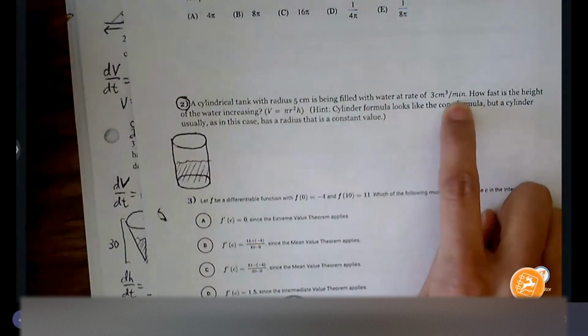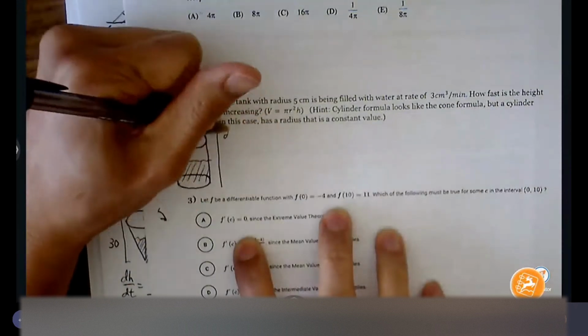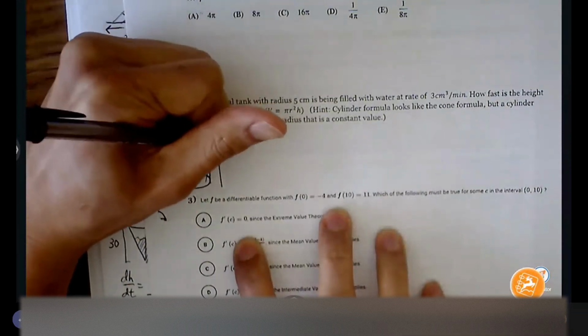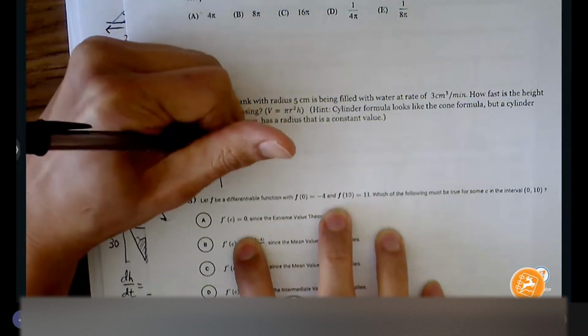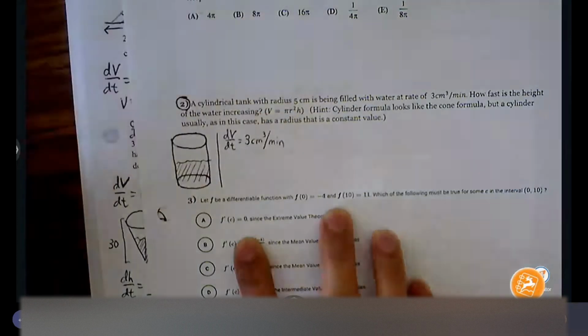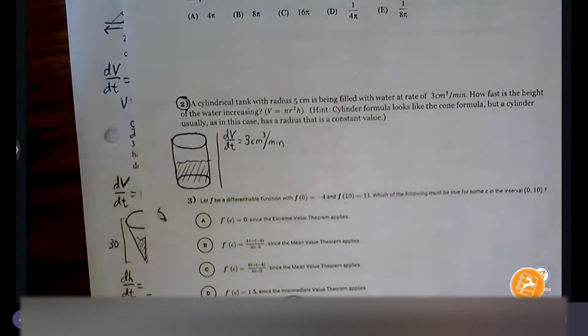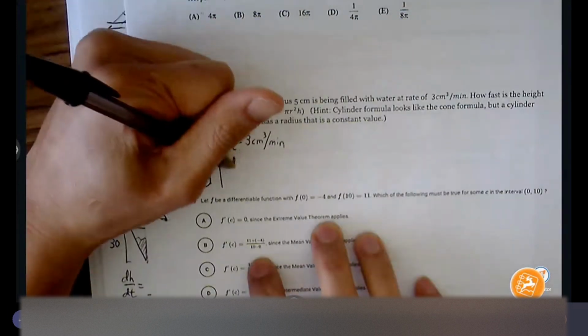So we know that is referring to volume, but with the rate of volume. So we'll say that's dV/dt. How fast is the height of the water increasing? So we're looking for dh/dt.